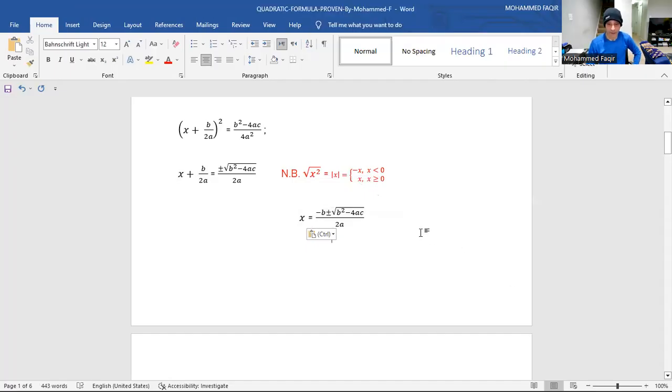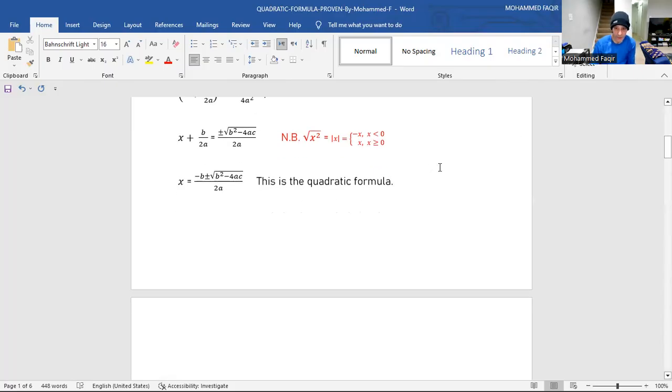And that's it. So this is what we call the quadratic formula. So I'm just gonna come here and pull that to the side. I don't know why it's centered all the time. And this is the quadratic formula. So I made it long because I meant to show it step by step.